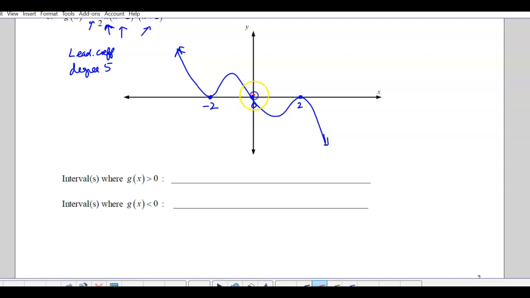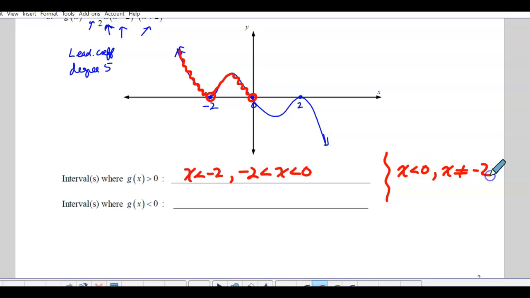Okay. Intervals where it's greater than 0. So open circle, doesn't include anything on the x-axis, right? So that's going to be x less than -2, between -2 and 0. Now you could also say x less than 0 where x is not equal to -2. That's fine as well.